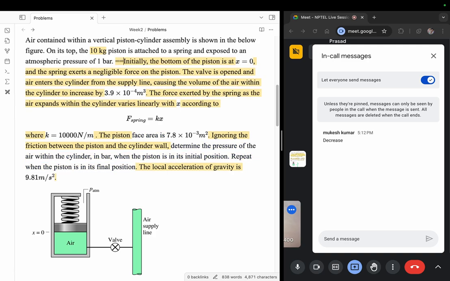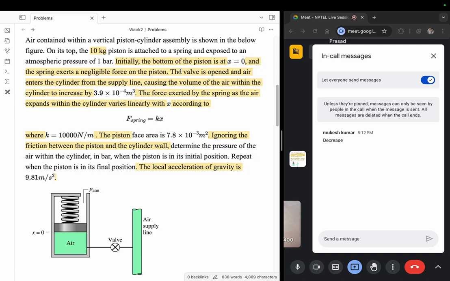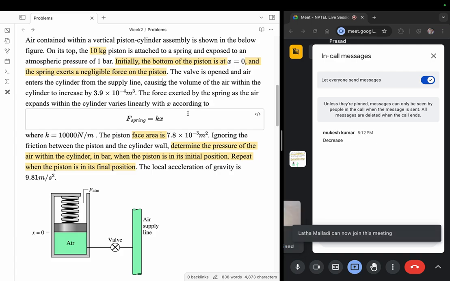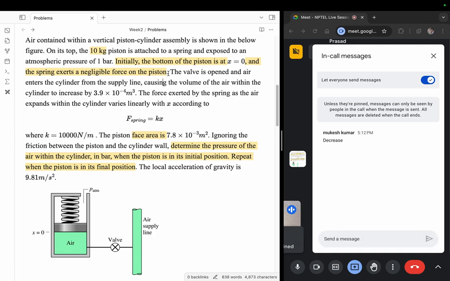If you see here, initially the bottom of the piston is at x equal to 0 and the spring exerts a negligible force on the piston. So the spring does not exert any force. Initially the spring is not compressed, so you do not have any force, so that will be 0.